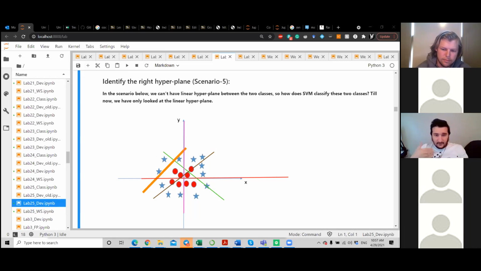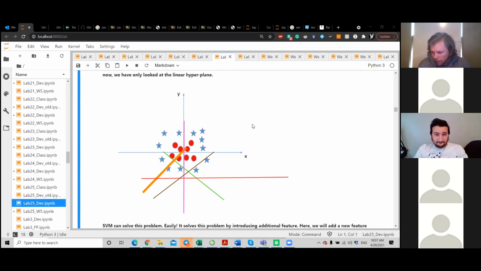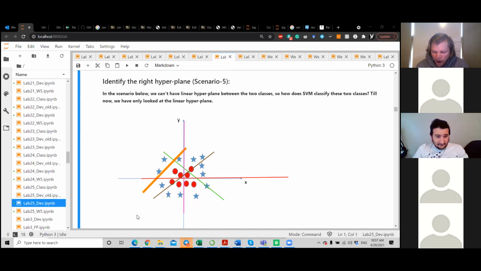So if we want to go with any of them, there will be some severe misclassifications of either class. Annotate, clear all drawings. Okay.